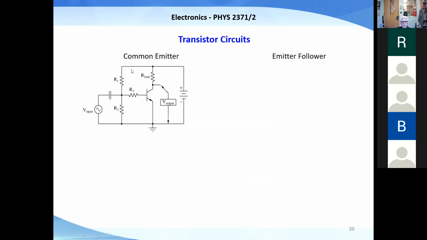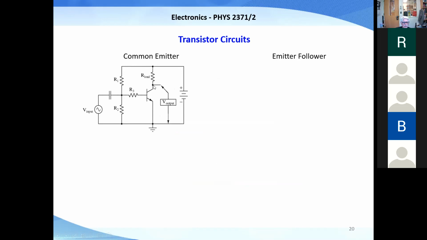Okay, so you're going to be dealing with 2 different transistor circuits, common emitter circuit and emitter follower circuit. So here's a transistor, just doesn't have the circle around it.